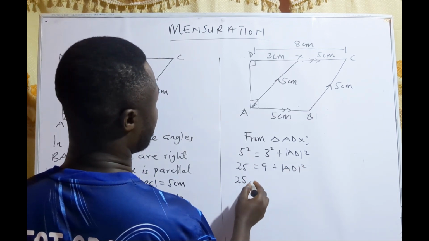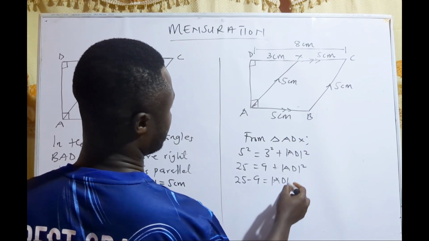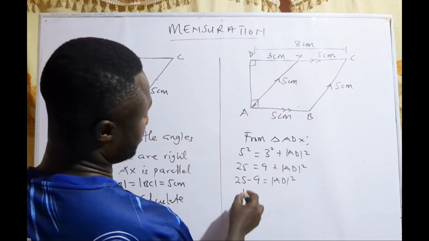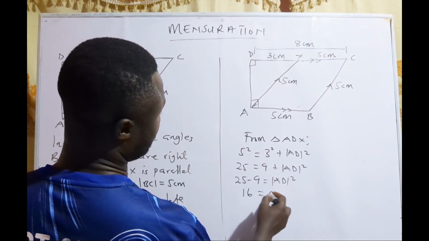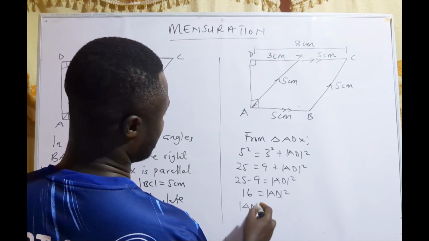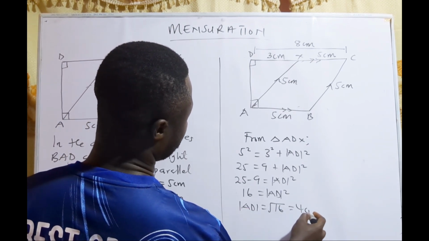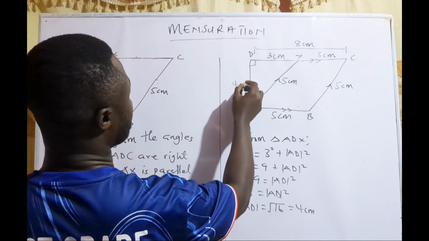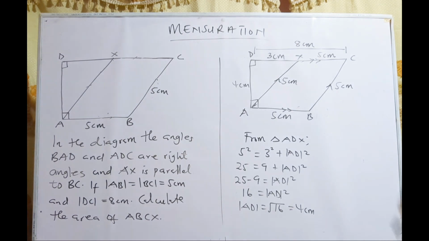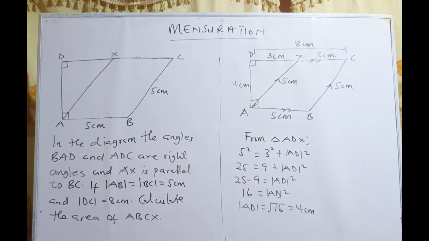So 25 minus 9 is equal to AD square. And what will be 25 minus 9? That will be 16. And my AD is going to be the square root of 16, and that will give me 4. So it means that here is 4 centimeters. And this is the same as the height of the parallelogram.